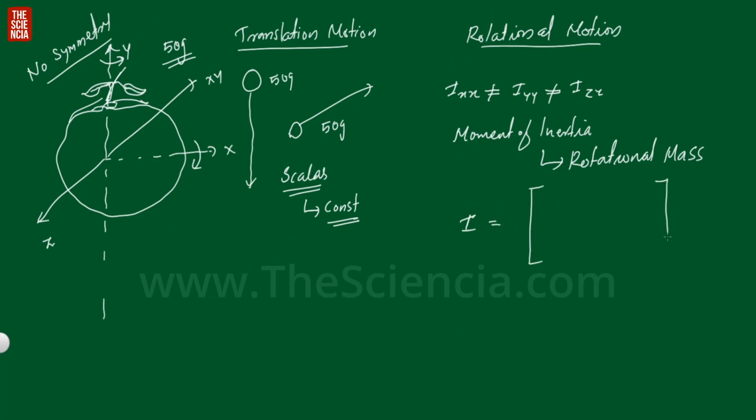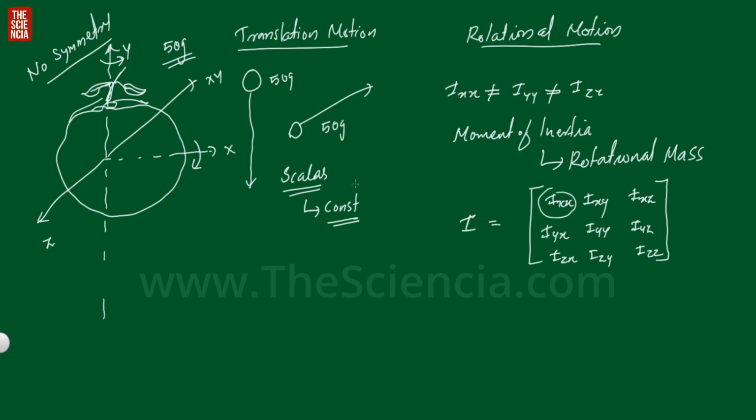So it has 9 components, that is Ixx, Ixy, Ixz, Iyx, Iyy, Iyz, and Izx, Izy, Izz. So what are those components?